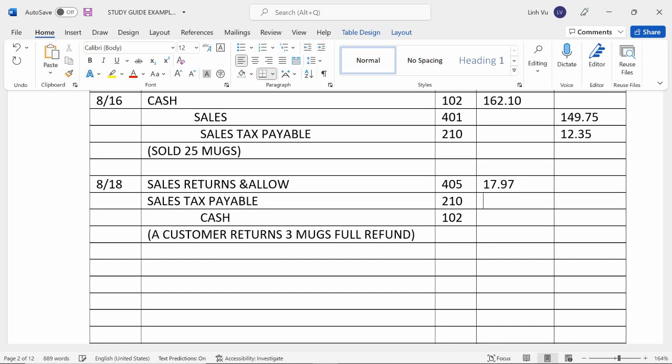Now, how much sales tax money am I going to be refunding? Because when we sold to this customer, they gave us money to contribute to the sales tax. So it is our job, because we no longer sold those items anymore, we're giving them a full refund, to return the sales tax. So in this case, 8.25% is going to give you $1.48.